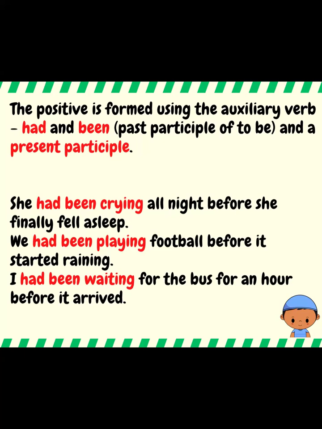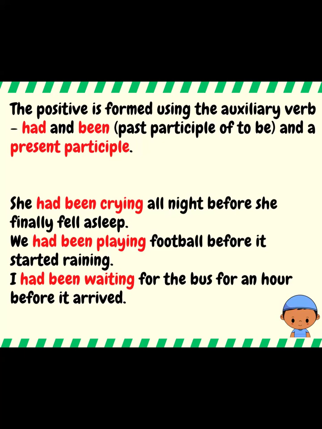So she had been crying all night before she finally fell asleep. So the action of crying had happened up until the point that she fell asleep. We had been playing football before it started to rain. So the playing of the football continues until the event of the rain. So all of these events are happening in the past and they are continuing up until a specified point in the past.